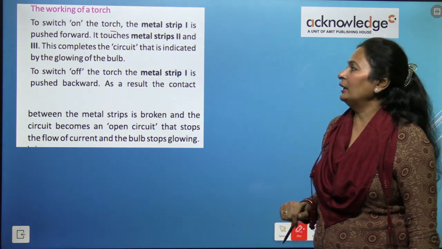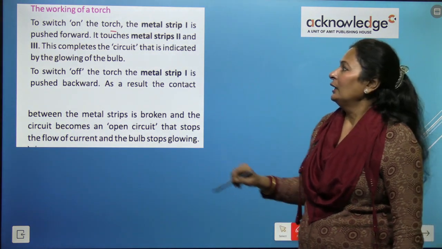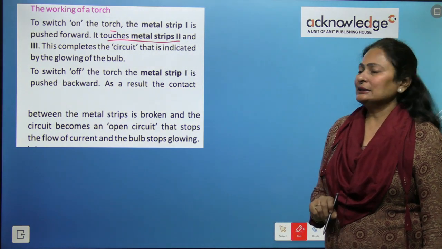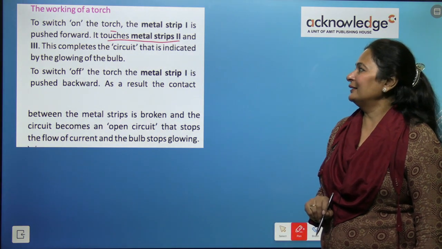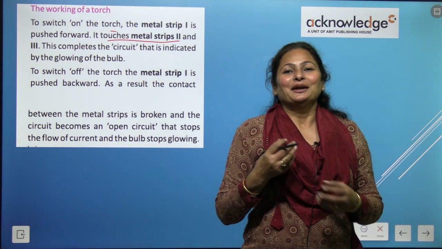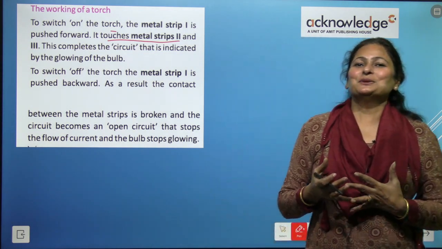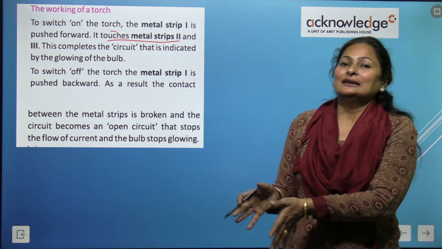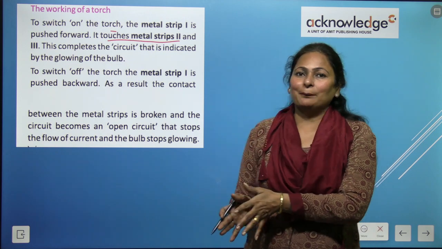The metal strip 1 is pushed forward. It touches metal strip 2 and 3. This completes the circuit, which is indicated by the glowing of the bulb. Now again the term circuit is used, but I will explain it when the circuit comes in this chapter, right?